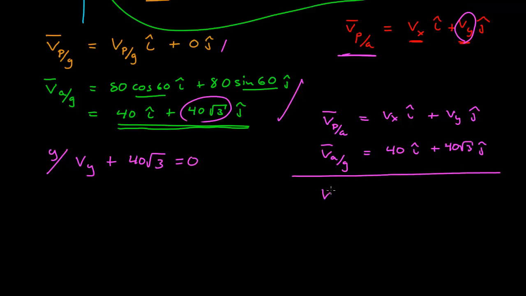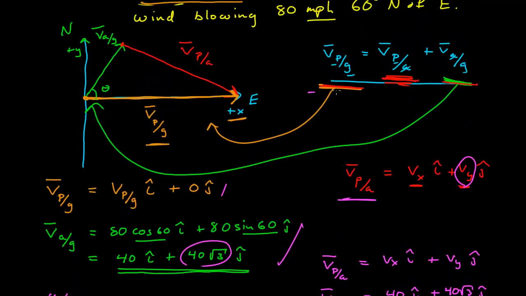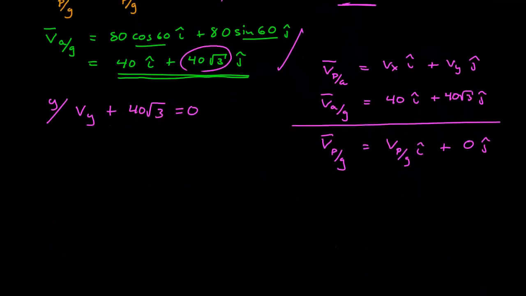That must equal the velocity of the plane relative to the ground, which is equal to the magnitude, which I don't know, i hat, plus 0 j hat. Okay, so that's just writing this vector equation vertically, so I can more easily find the components.